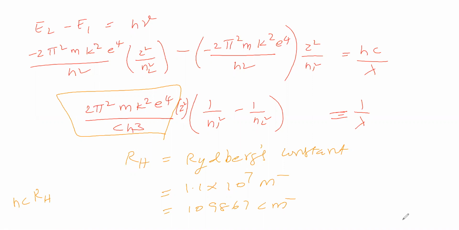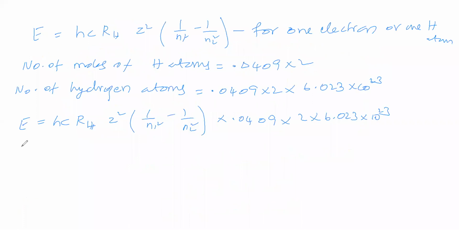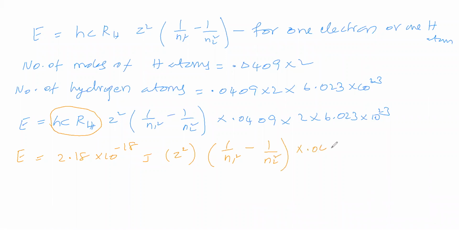So we can say that E is equal to hc into RH, which is 2.18 into 10 to the power of minus 18 joule. Then Z square, then 1 by n1 square minus 1 by n2 square, into 0.0409 into 2 into Avogadro number.